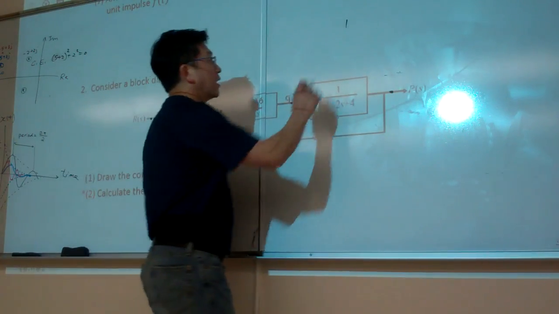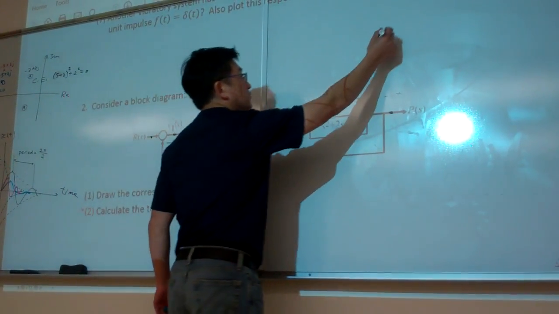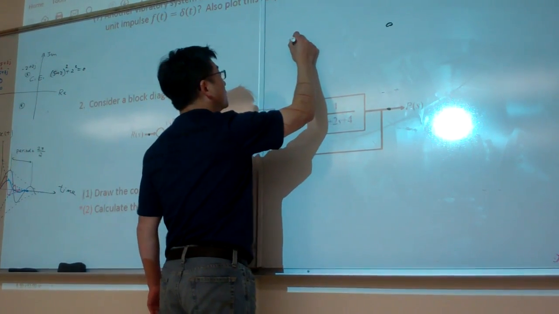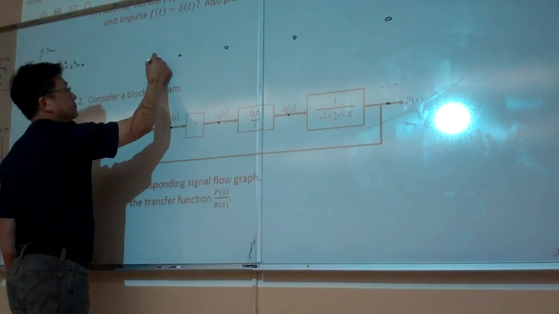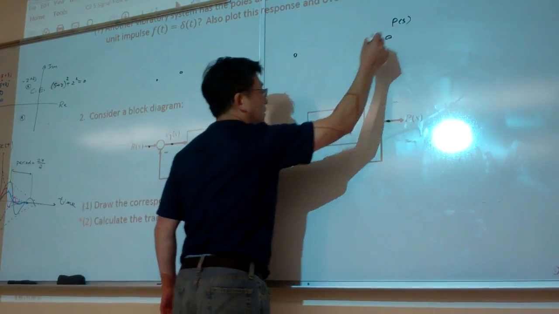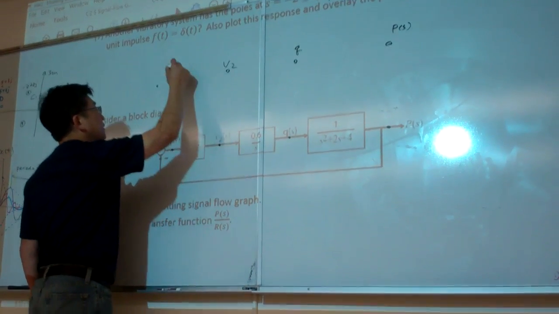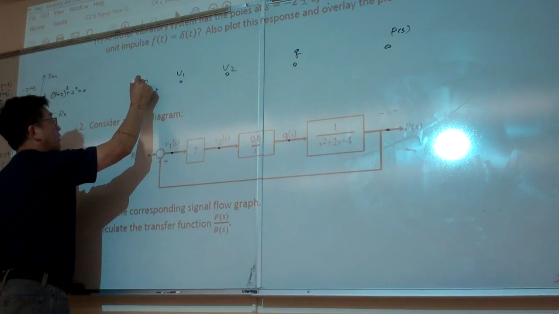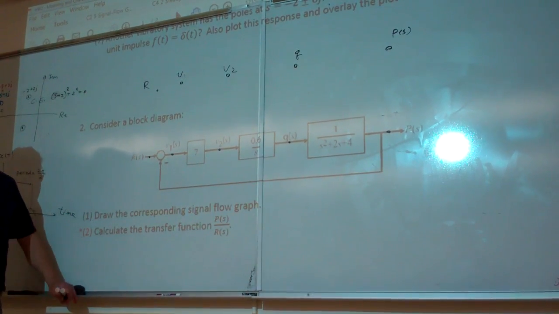So for this, the first step to build up the signal flow graph is to label the variables here. Okay, so here is P(s), here is Q, here is V2, here is V1, and here is R. And then you simply build up the paths.